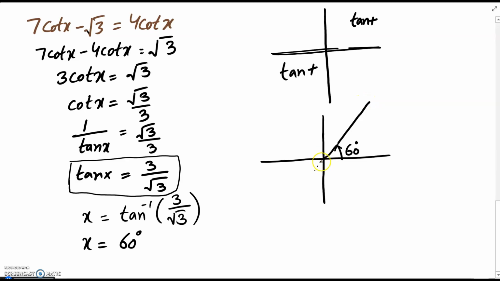I'm going to draw it in a different color. This will be the other value of tan x. This is 60 and what is plus 180? So 180 plus 60 is going to be the other value of x, which will be 240.